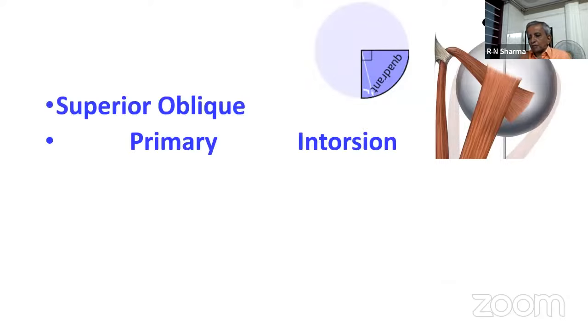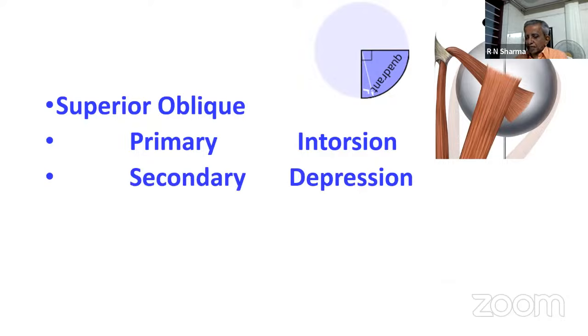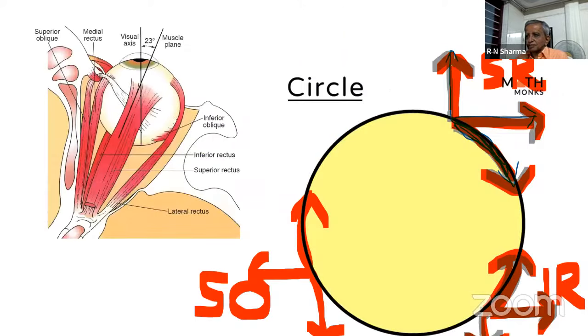So superior oblique, primary action is not depression, it is intorsion. Secondary action is depression. Tertiary action is abduction. So superior oblique will be intortor, depressor, and abductor.